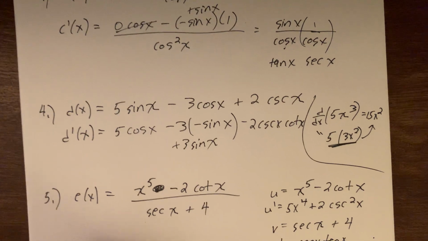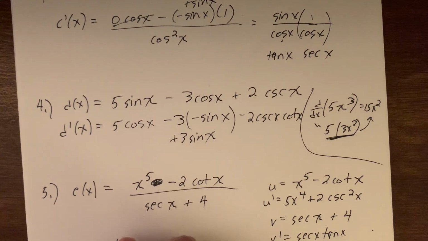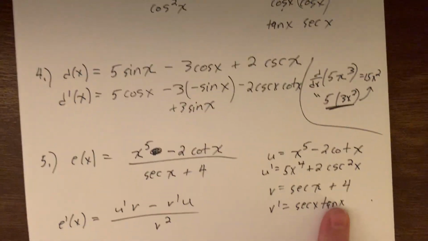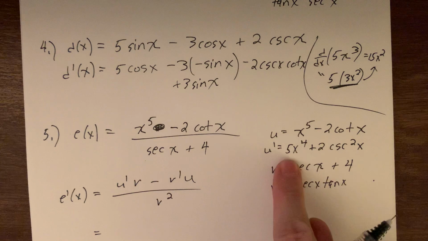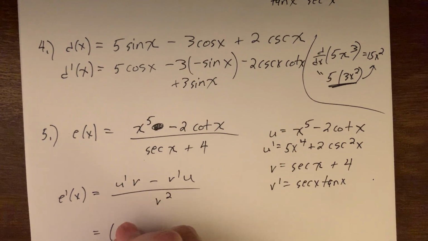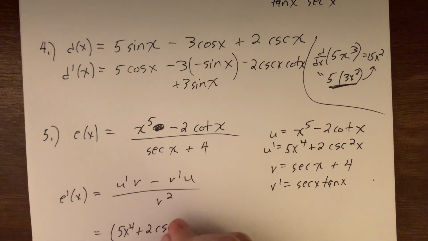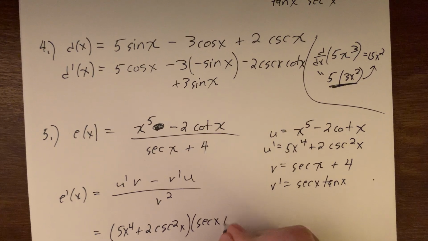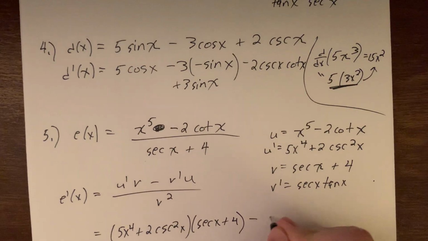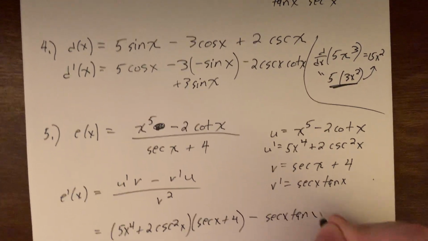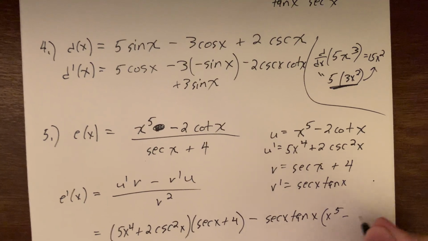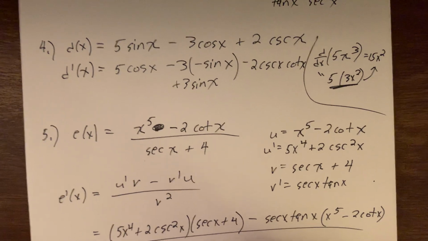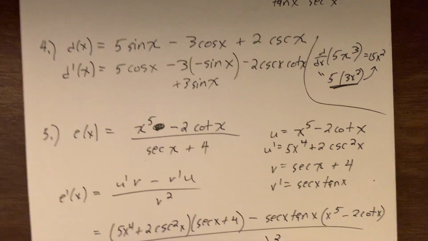So my derivative, a reminder of the rule, u prime v minus v prime u all over v squared. Specifically applying that to this problem, u prime, 5x to the 4th plus 2 cosecant squared, all of that times plain old v, secant x plus 4, minus v prime, secant x tan x, times plain original u, all over v squared.